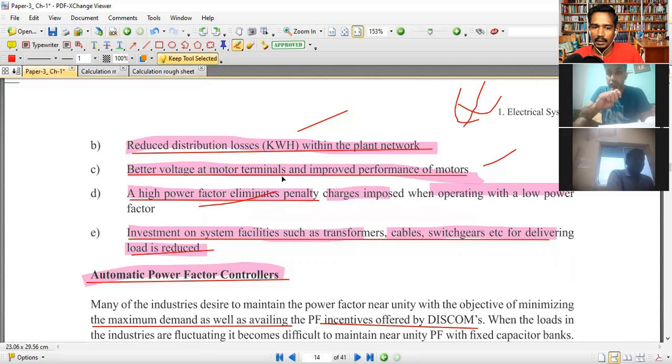Cost benefit means the maximum demand charge reduces and distribution losses reduce. Better voltage means motor performance increases and motor life increases, and with a high power factor the penalty also reduces. They give incentives, and there is no need to invest in a transformer for that extra kVA, because they reduce the kVA.